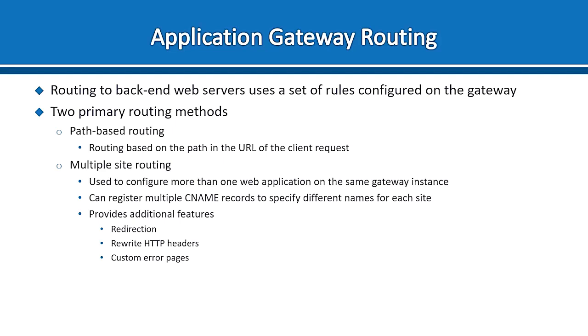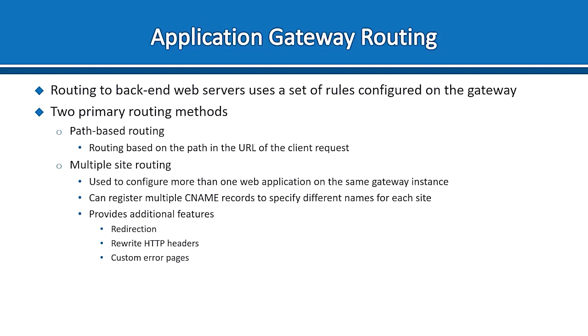Multiple site routing can be used to connect more than one web application to the same application gateway instance. So you can register multiple CNAME records to specify different names for each site. And then in doing this, that's going to give us some different features. So we can use redirection from one site to another.